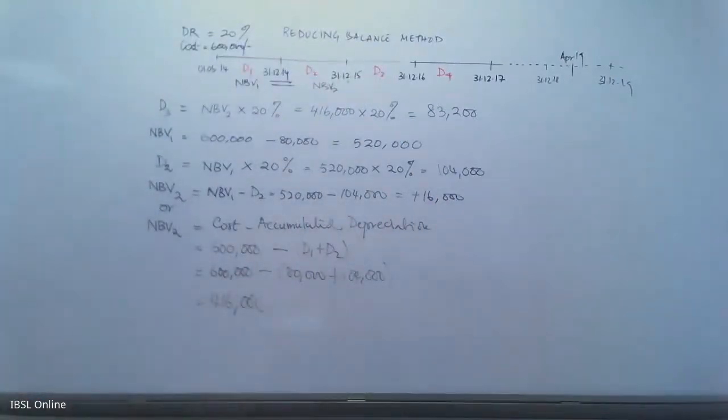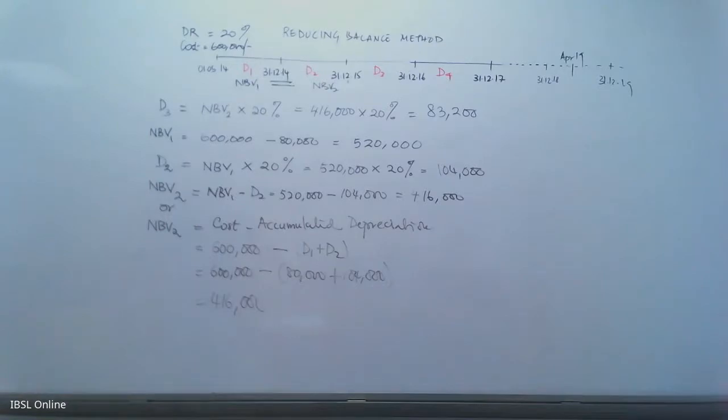The 5 years is over. You can check for yourself: D2, D3, D4 and D5 will be 31st December 2018. So in the period of D6, by April 19, the asset's useful life is over.